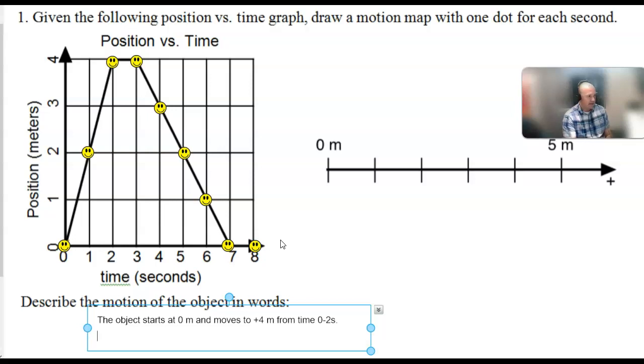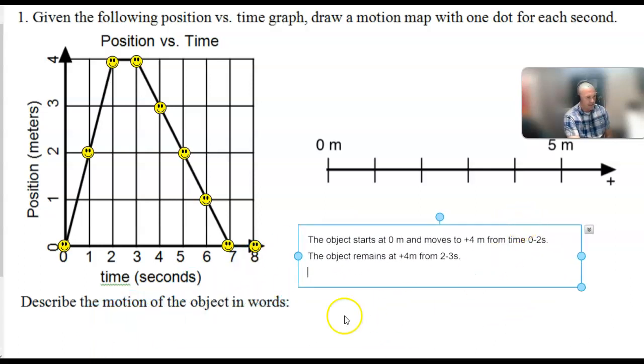Then the next section here, I would say, is from 2 to 3 seconds, this horizontal section here. So the object remains at positive 4 meters from, looks like, 2 to 3 seconds. The next one, I'll move this up a little bit so we can see it a little better.